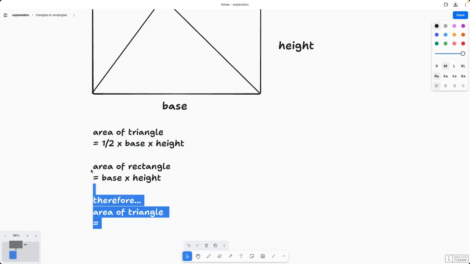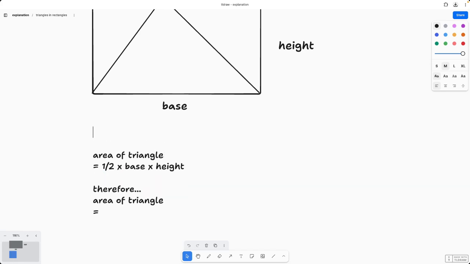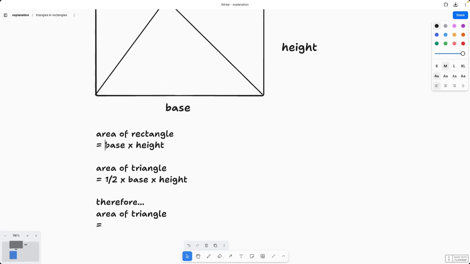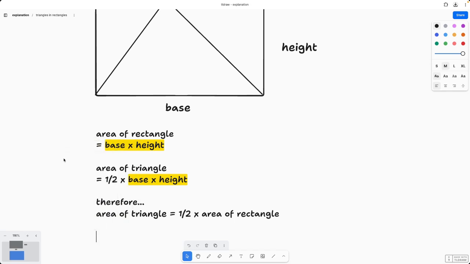If I were to put it like this, a little bit simpler, highlighting base times height, base times height, that means the area of a triangle is just half times the area of the rectangle. So are you mind blown right now?